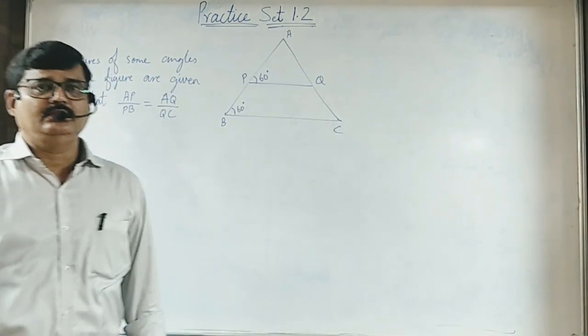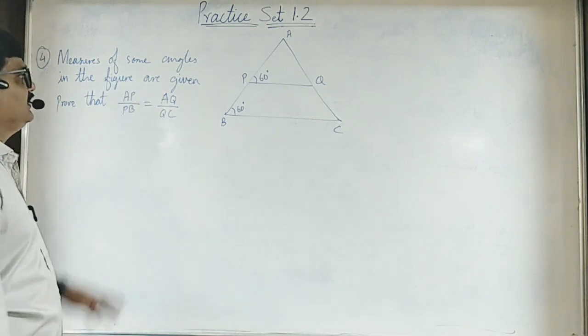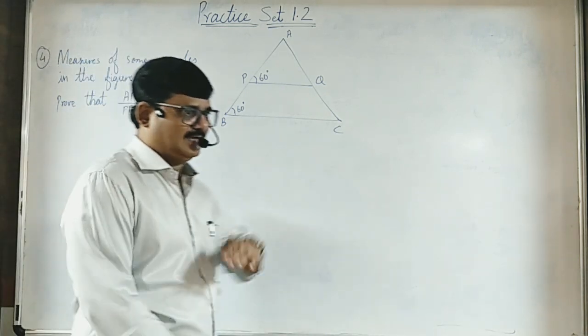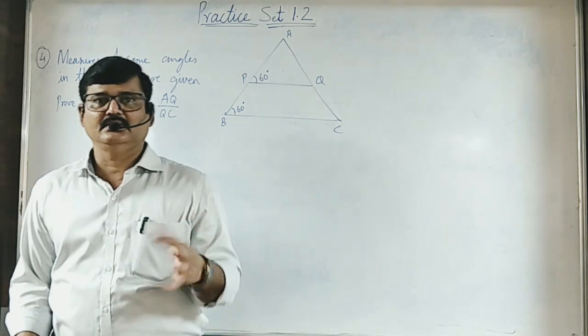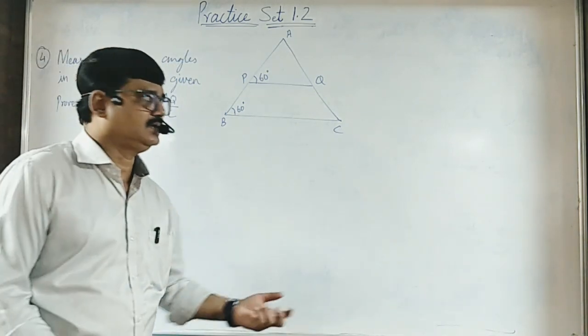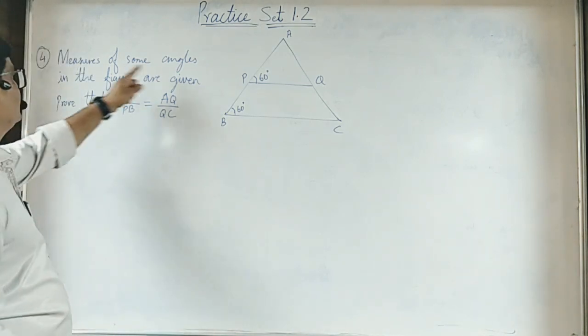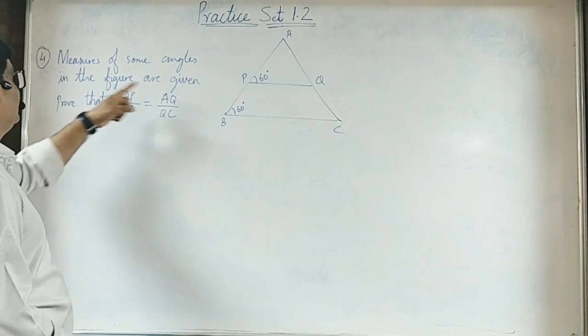Okay students, now we are going to go for question number 4 of practice set 1.2. It's related to the basic proportionality theorem, which I think we did last time. It's a very simple sum. Here, the measures of some angles of the figure are given.